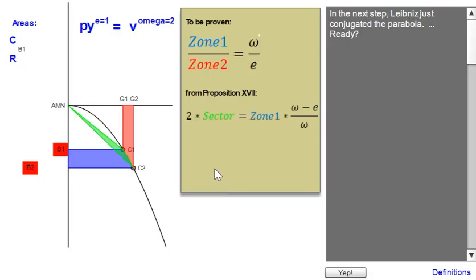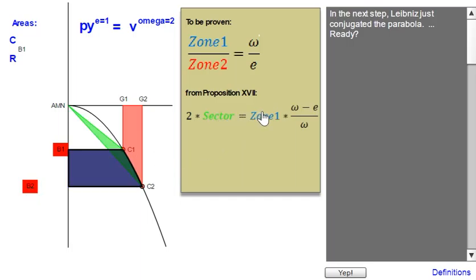And from Proposition 17, we know that 2 times the sector is actually equal to the zone multiplied by the proportion of the dignity powers, so omega minus e, divided by omega. So this we already found out. And this we are going to use now as a building block for the purpose of proving this relationship up here.